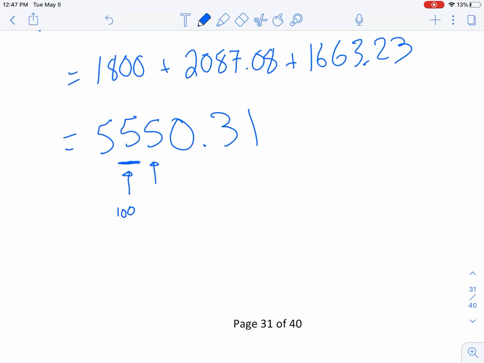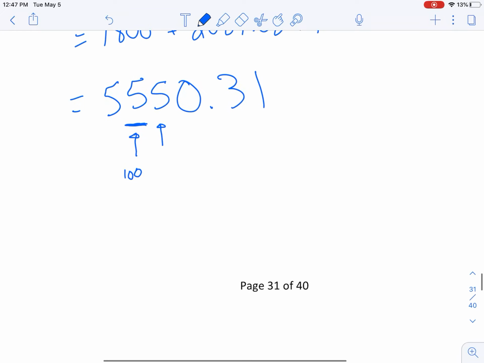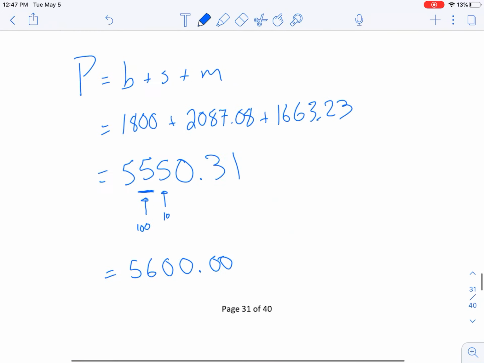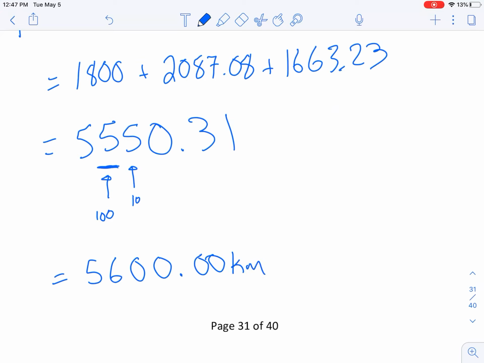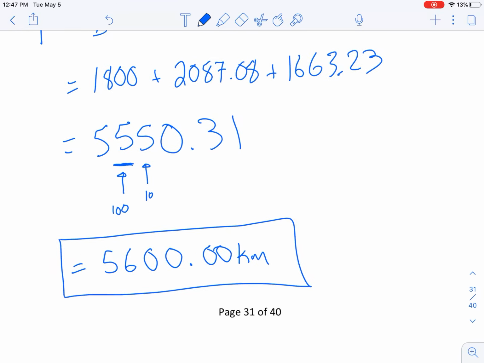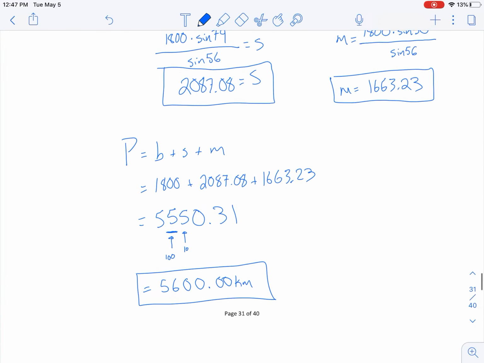Since that tenths column is a 5, we're going to round that up. So we're going to round this to 5600. And that's in kilometers, I'd imagine. Double check that. Kilometers, yes. That would be the perimeter of the Bermuda Triangle rounded to the nearest 100.